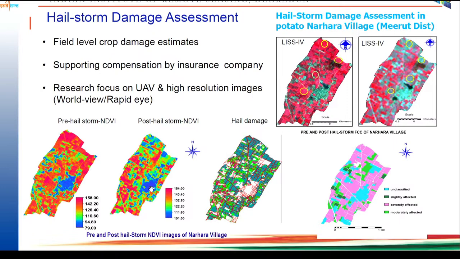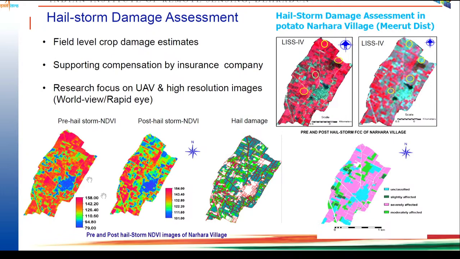So you see the change in NDVI also. NDVI declined drastically with respect to the pre-hailstorm NDVI, and this is finally converted into moderately affected, severely affected, and highly affected field parcels of the potato crop.